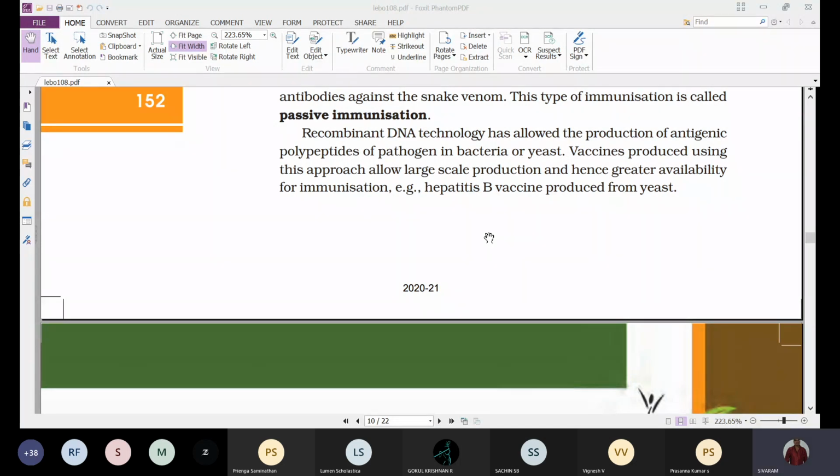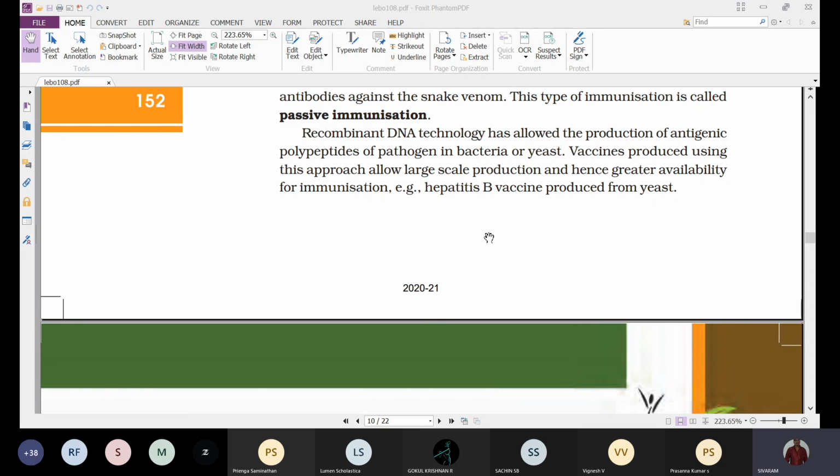When you observe, the vaccines developed by recombinant DNA technology, by using this process, we can produce a large number of vaccines within a short period of time.